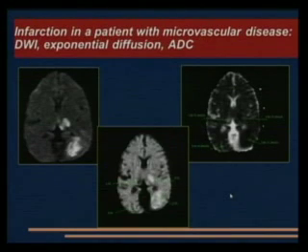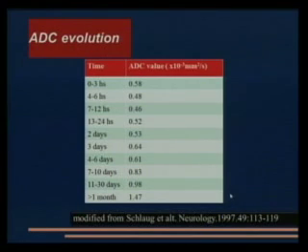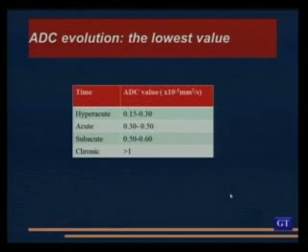And here, for example, we did the math and we have the numbers. Generally, the ADC from 0 to 3 hours is around this number and is increasing as we wait. Hyperacute 0.50, 0.30, acute 0.30, 0.50, subacute 0.50, 0.60, and chronic more than 1 because it's water.